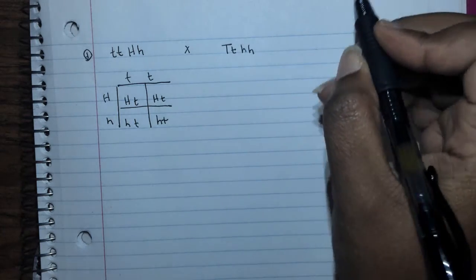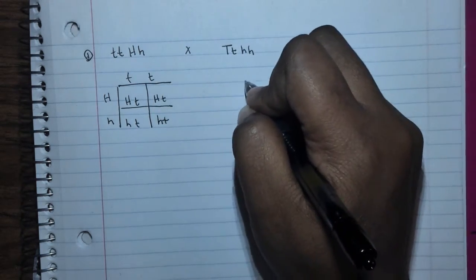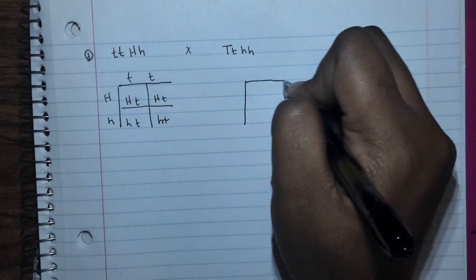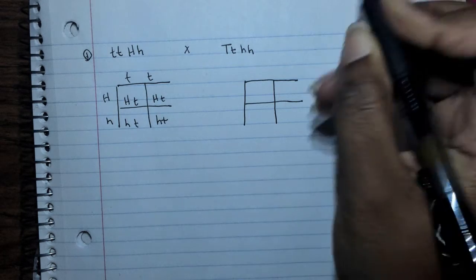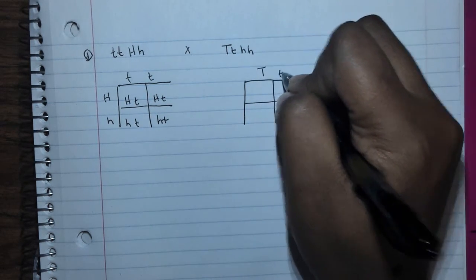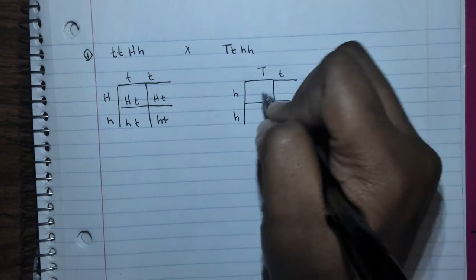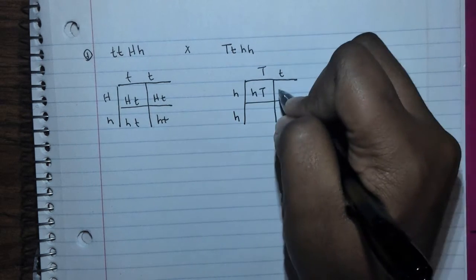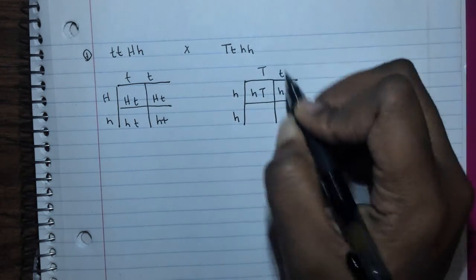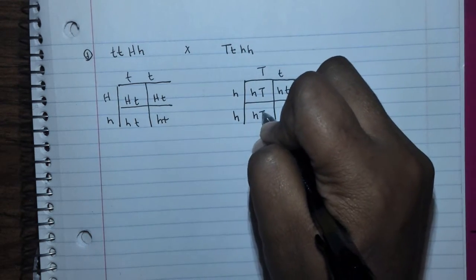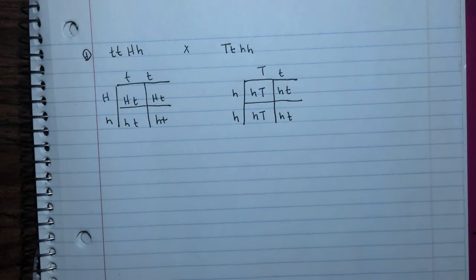And then I've got to put his little sperm cells into a Punnett square. Again, it doesn't matter which letters come first, but I'm going to be consistent and put the H's first. Just be consistent all the way through, that way you don't get confused. And so there's my step one.